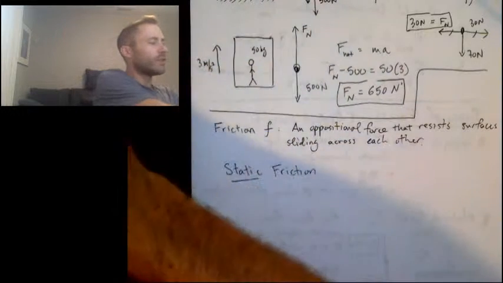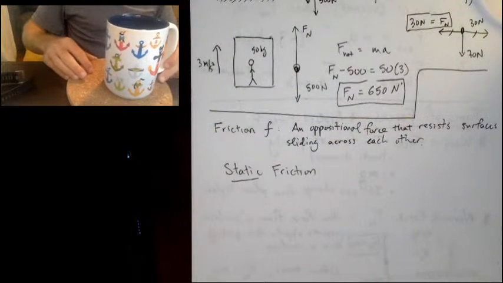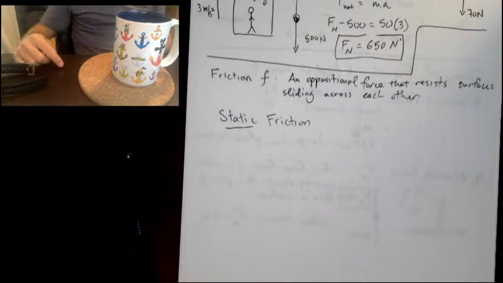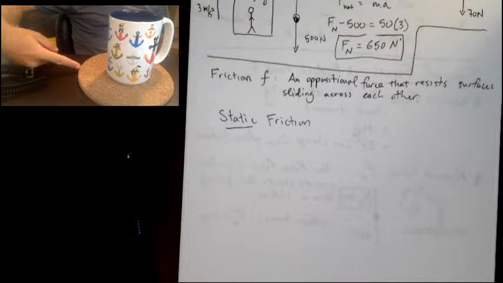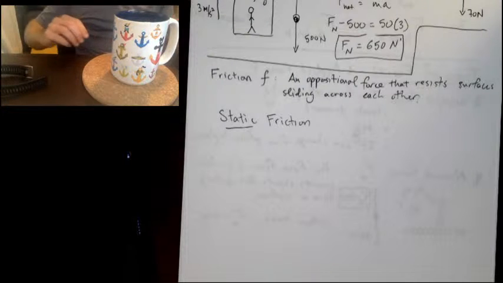Okay? So, for example, if I have this coffee mug, it's on a coaster, and I push on the coaster, I'm applying a force on the coaster, but the cup isn't accelerating to the side. Why is that? It's because static friction is resisting my push and preventing the coaster from sliding. Okay?